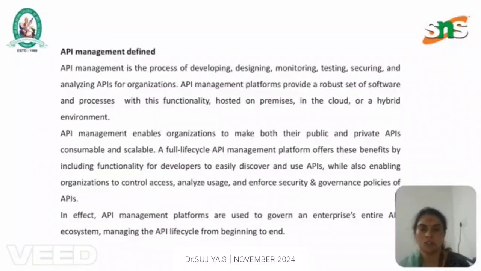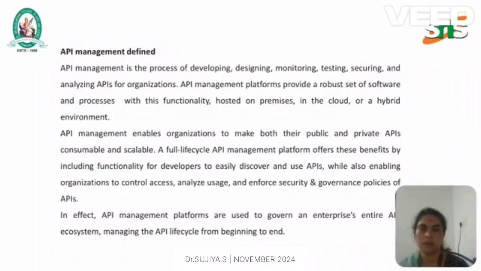Effective API management platforms are used to govern an enterprise and ecosystem, managing the API lifecycle from the beginning to the end. So this is how API management is done. Basically, API management consists of the process of developing, designing, monitoring, testing, securing, and analyzing APIs of an organization. So when you take an organization, these are the basic processes that it undergoes for API management.